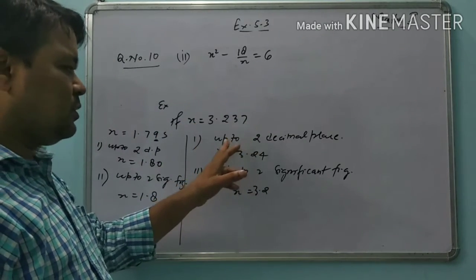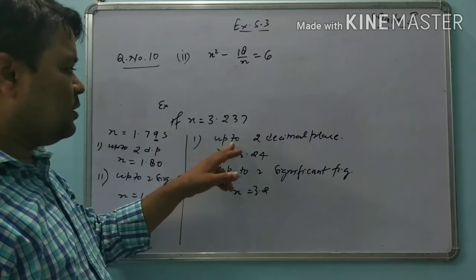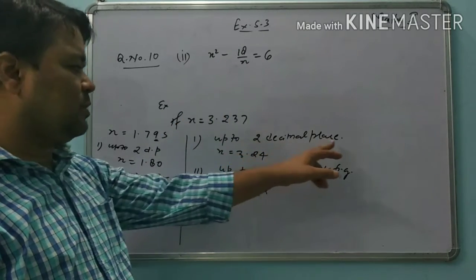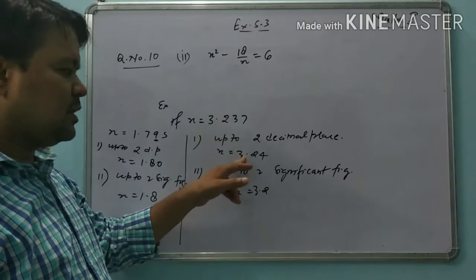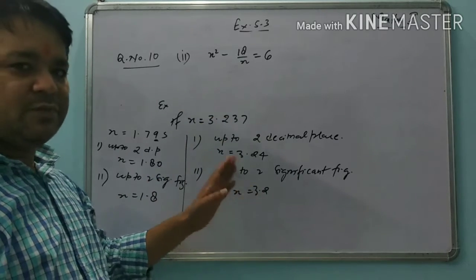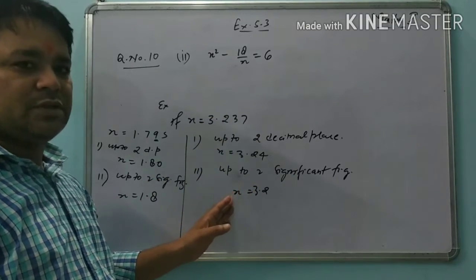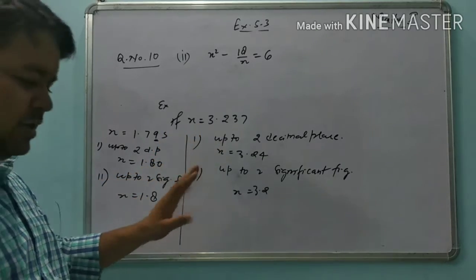If the question says find the value of x up to two decimal places, we think this way, and up to two significant figures, the answer will change like this. It is a very important part of the question, so try to understand it very carefully.